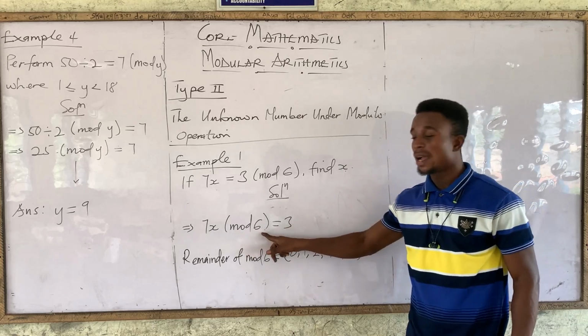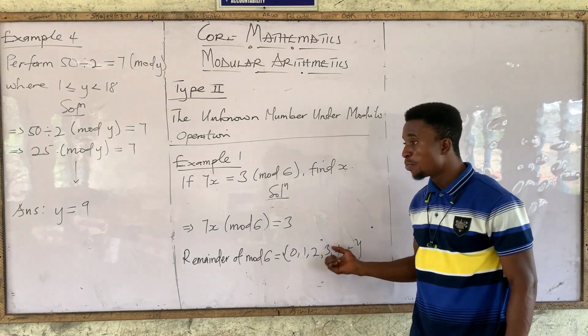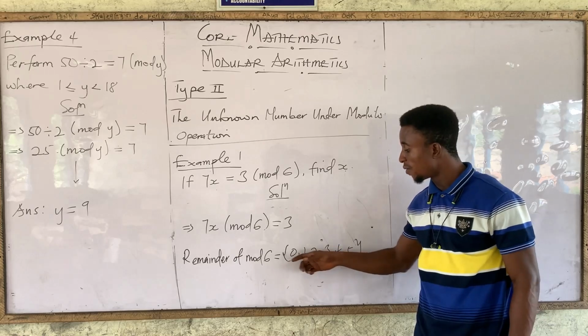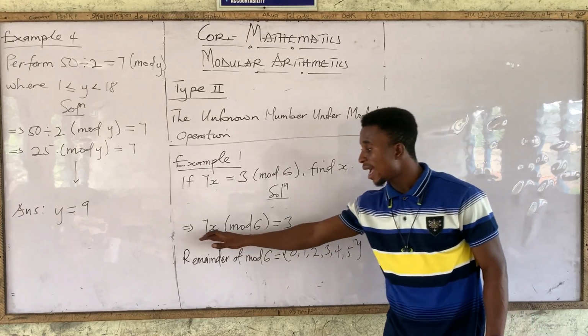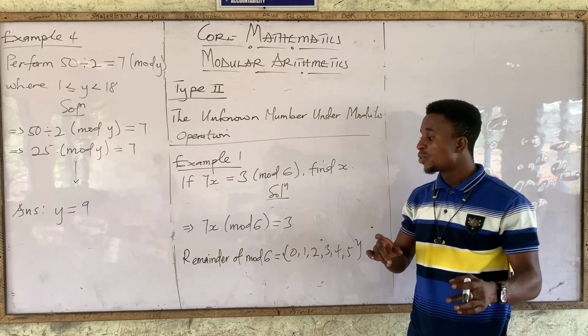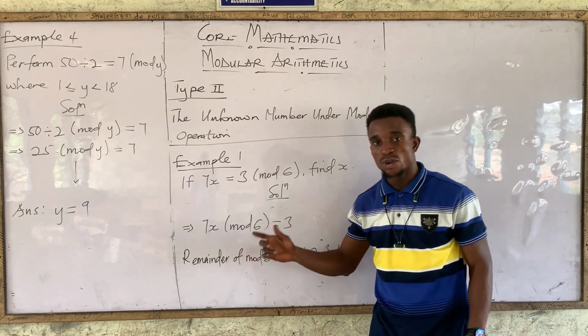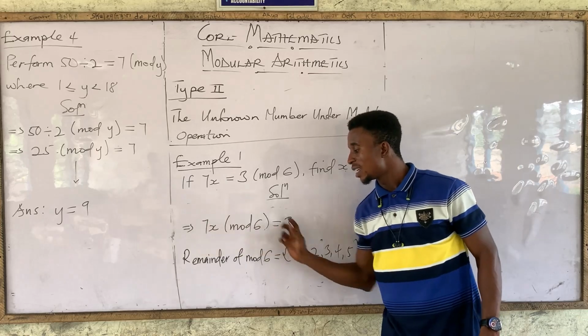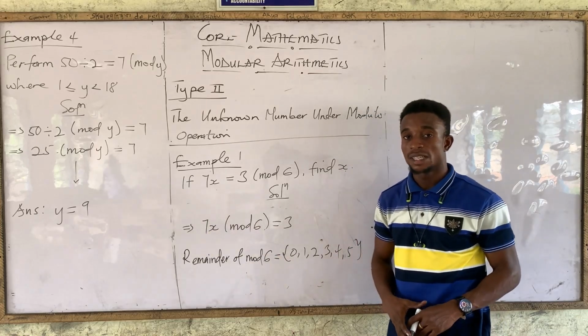Since the modular number is known, we substitute each of the remainders inside the statement to verify. So what we were doing when the modular number is not known, we were taking the difference and using the factors. Please, are we getting that?